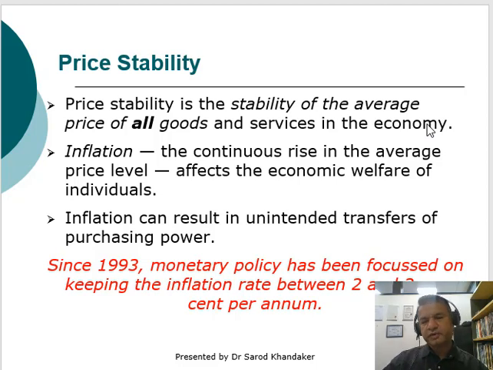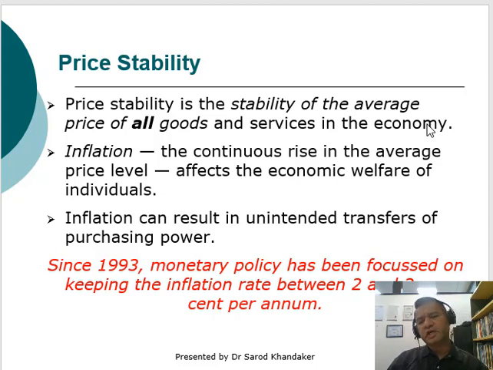Every year we look at the consumer price index, called the CPI, and then the RBA tries to find out what the inflation of the country is. Since 1993, monetary policy has been focused on keeping the inflation rate between 2 to 3% per annum in Australia.